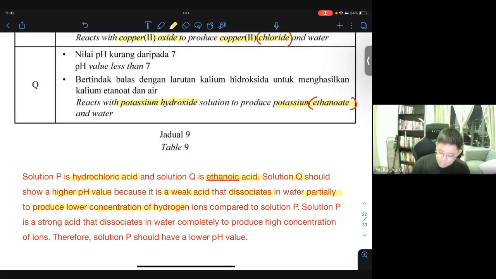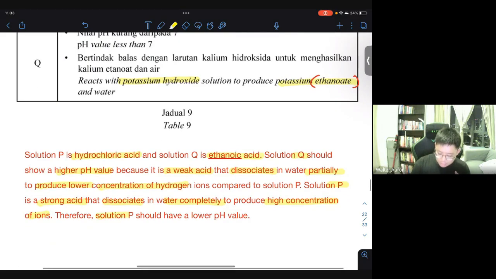On the other hand, P is a strong acid. Strong acids will dissociate or ionize in water completely to produce a higher concentration of ions. All right? So one is a strong acid, one is a weak acid, and they dissociate differently. So because of that, P should have a lower pH value compared to Q.